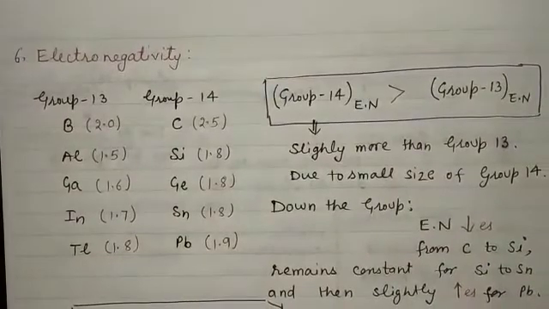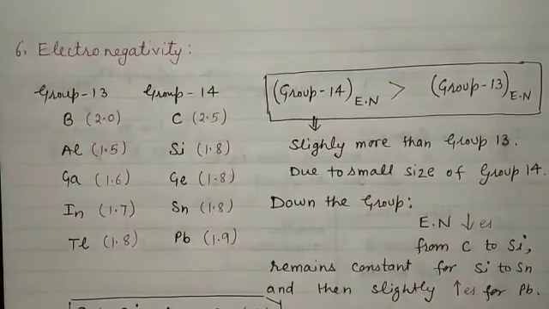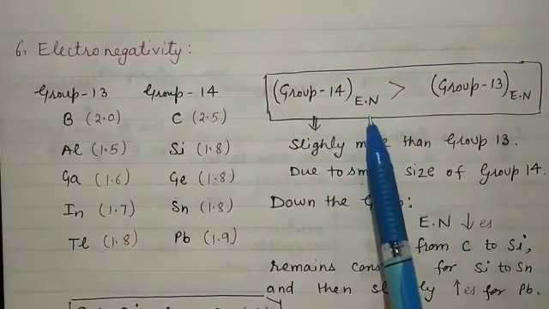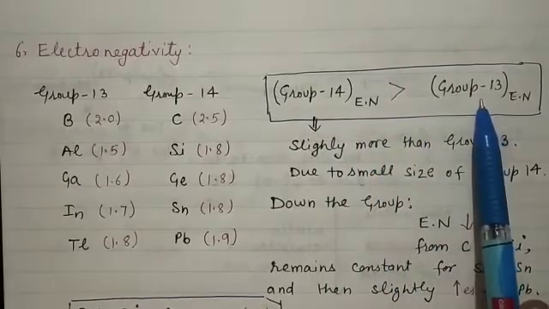Now if we look at the electronegativity data for group 13 and group 14 elements, you will see that group 14 elements have a higher value of electronegativity than group 13 elements.